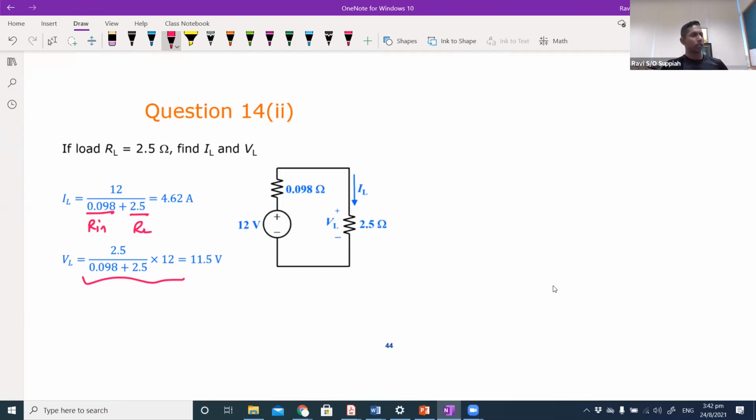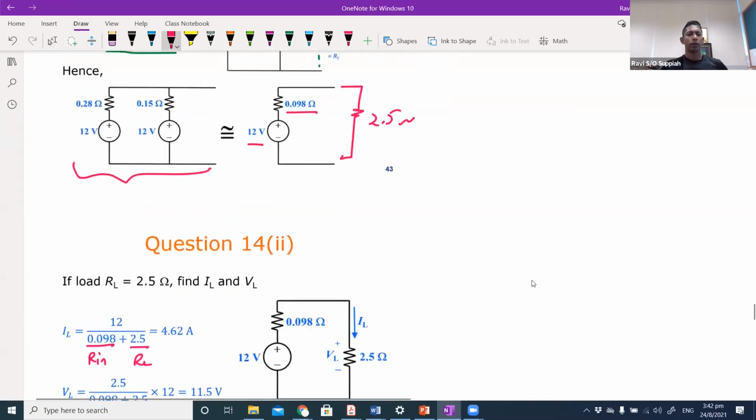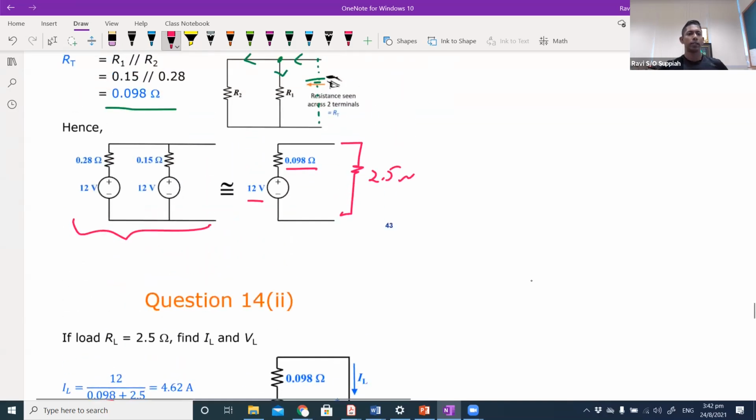The next question they ask is: is the load voltage higher or lower compared to the case where the load were powered by just battery 1 or battery 2? If you just take battery 1 or battery 2, that means you take either this branch as a single battery or this branch as a single battery. What do you expect?